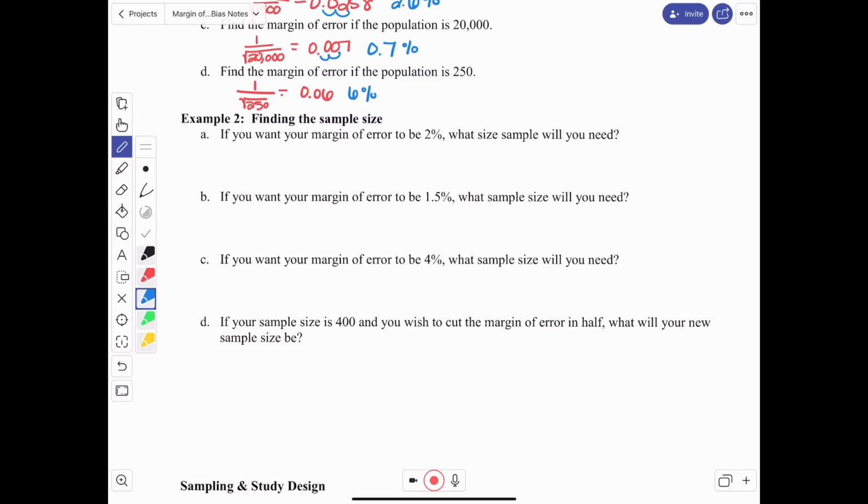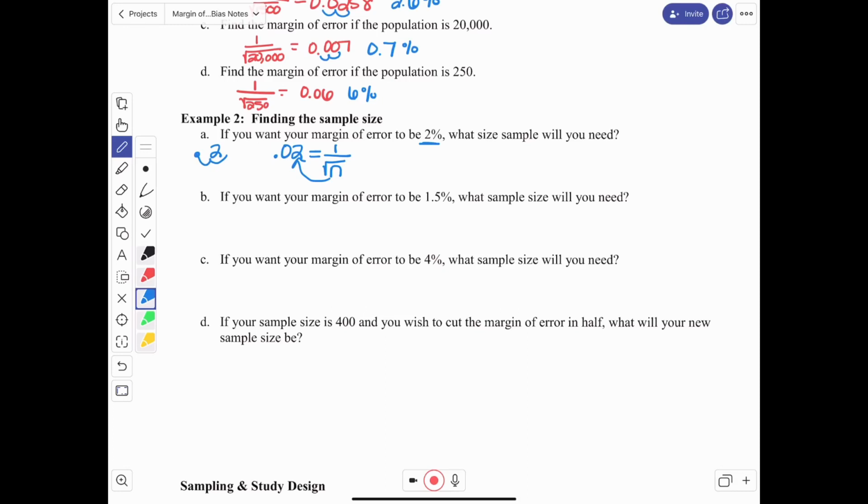So this one we would set up. First of all, change 2% to a decimal. So if you change 2% to a decimal, you would move your decimal this way. So it's going to be 0.02, and we're going to set it equal to 1 over the square root of n. Now, we want to get that off the bottom, so remember we'd move it up and over.